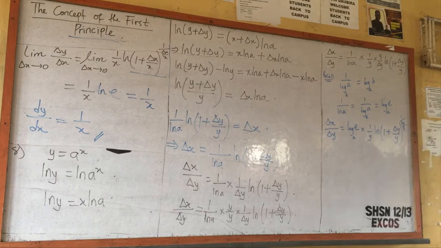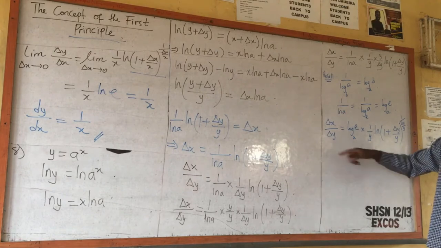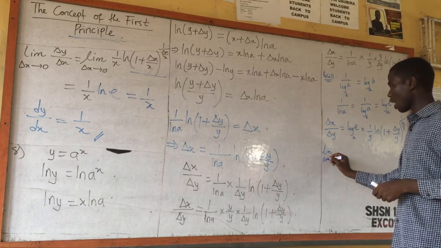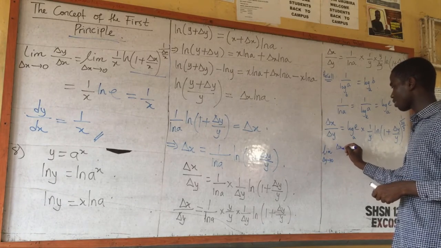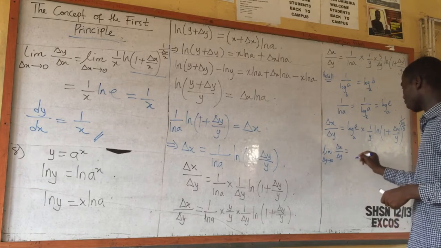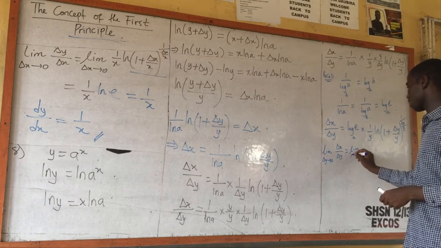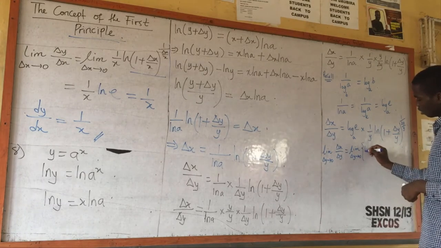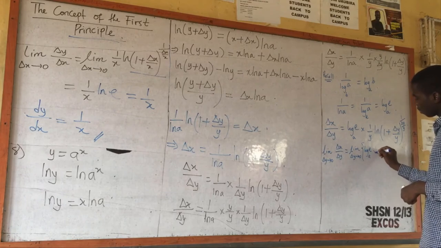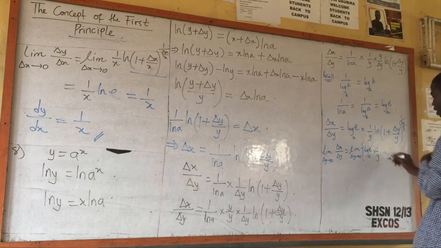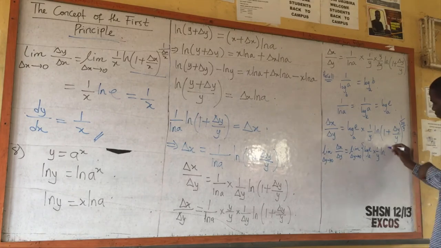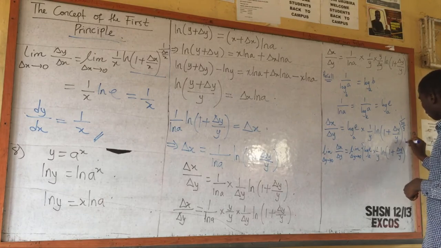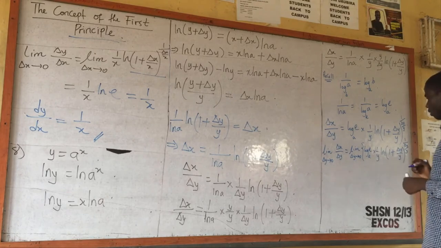So the next thing is to take the limit now. Limit as delta y goes to 0 of delta s over delta y equals the limit as delta y goes to 0 of everything here: log e base a multiplied by 1 over y, ln of 1 plus delta y over y raised to the power of 1 over delta y over y.